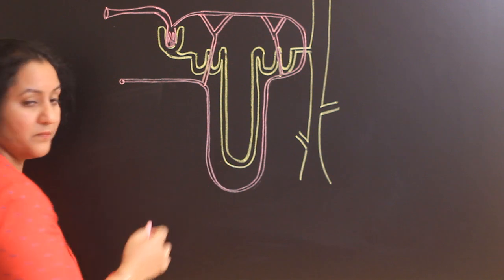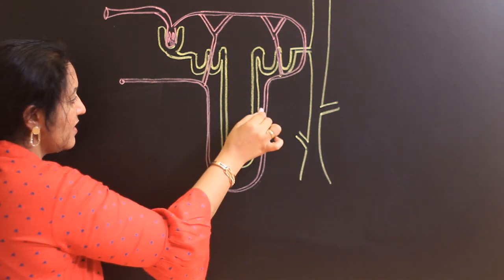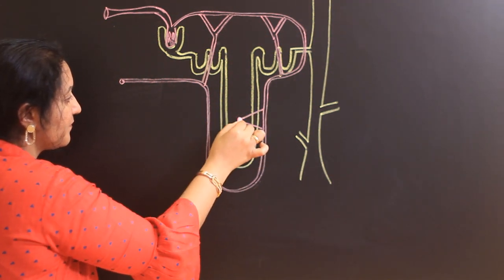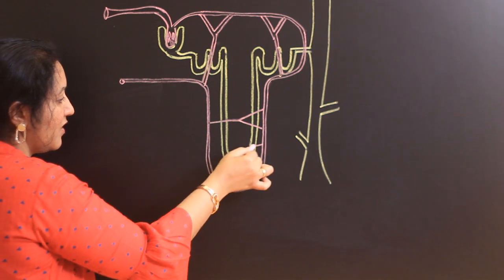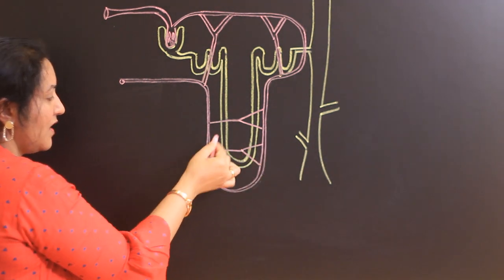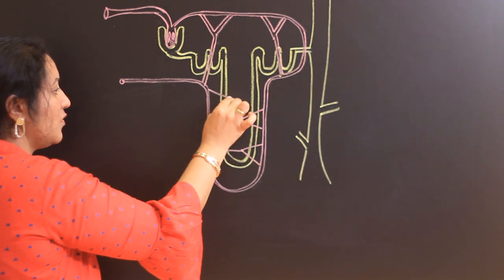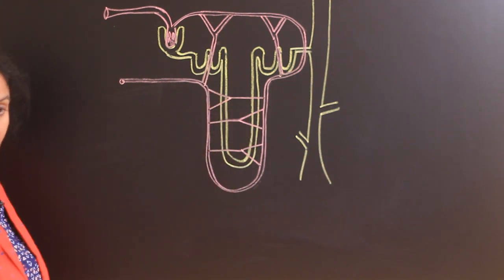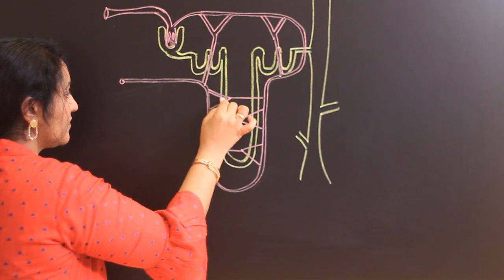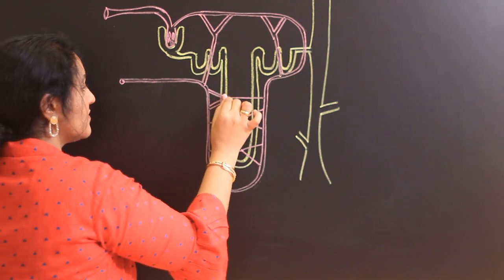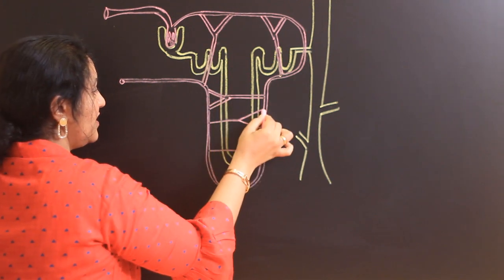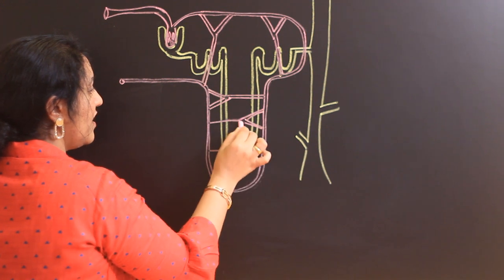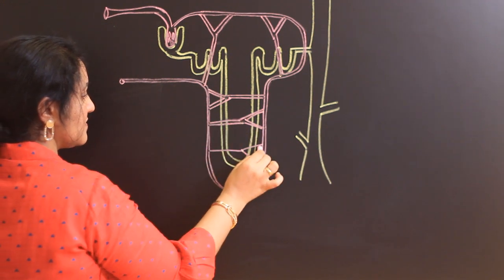Let's come here. Same thing. Just draw Y, a Y, and the Y can be slightly changed in this manner. So for everything you have to draw double lines because they are representing blood vessels.